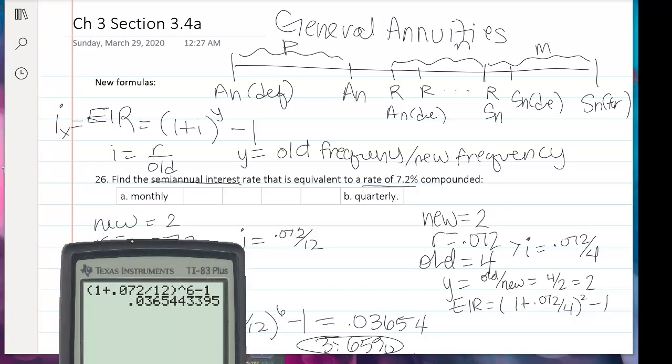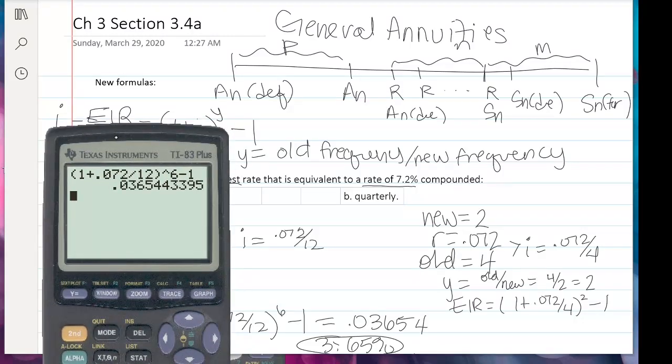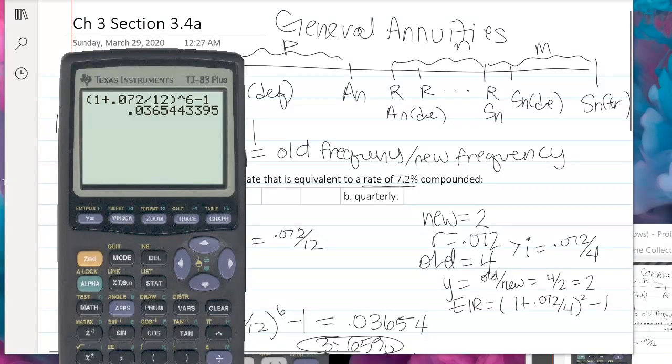Then we can pull that up on our calculator here. 1 plus 0.072 divided by 4, squared, minus 1.